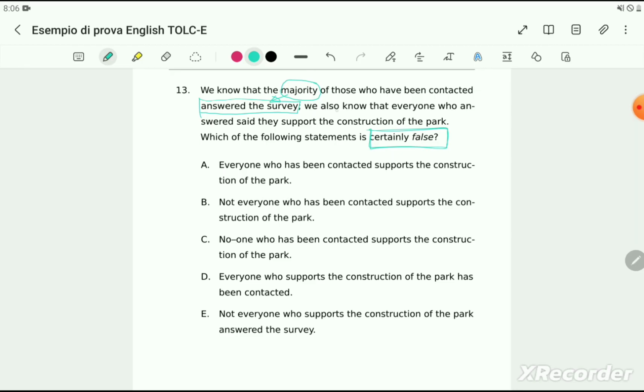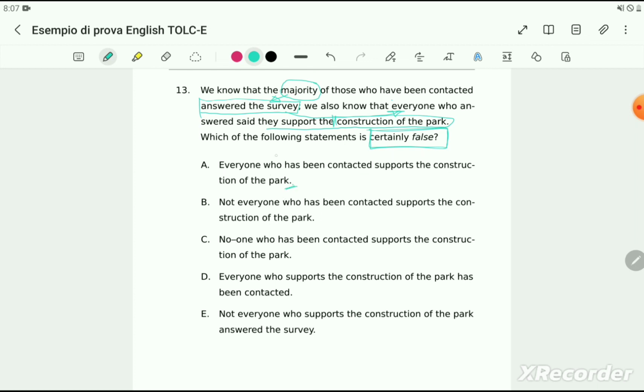Okay, and at the same time, everyone who answered the survey supports the construction of the park. Let's find out. Everyone who has been contacted supports the construction of the park.